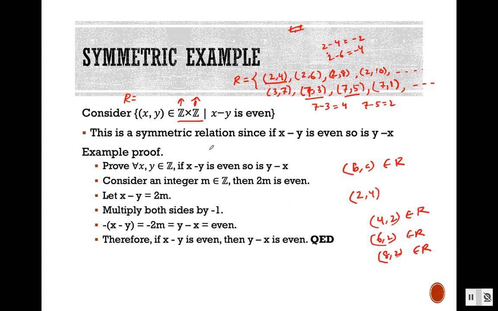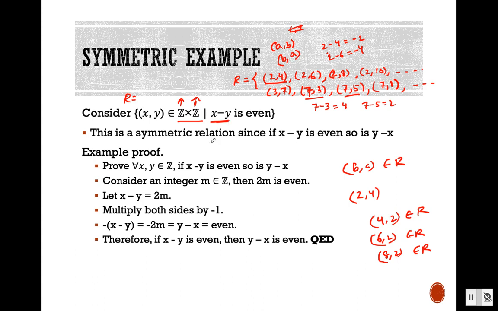We can say that for every ordered pair (a, b), if a minus b is even, then b minus a should also be even. If we can prove that, we know that this is a symmetric relation.